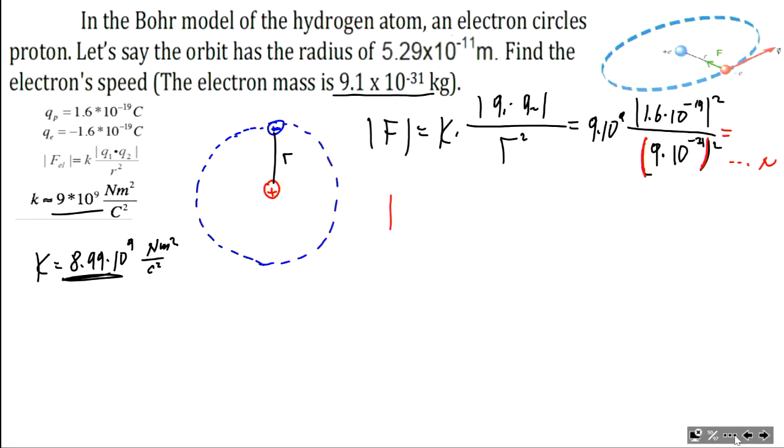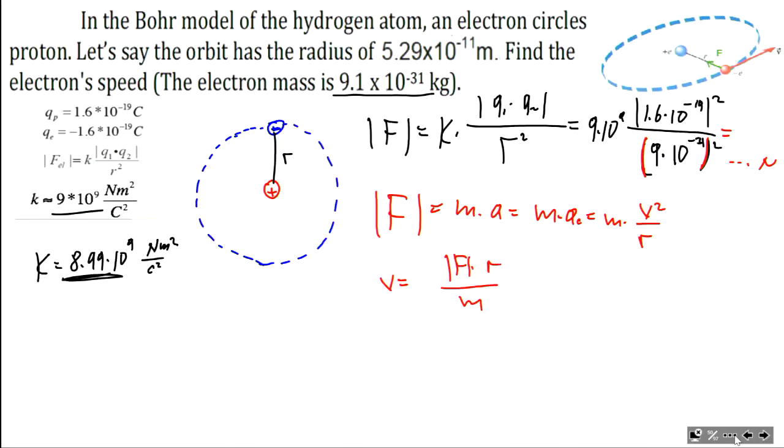And now the same force should be equal to mass times acceleration. In this situation, that is centripetal acceleration. And centripetal acceleration is equal to speed squared over the radius. And this is how we can calculate the speed. It has to be equal to force times the radius divided by the mass and square root of that.